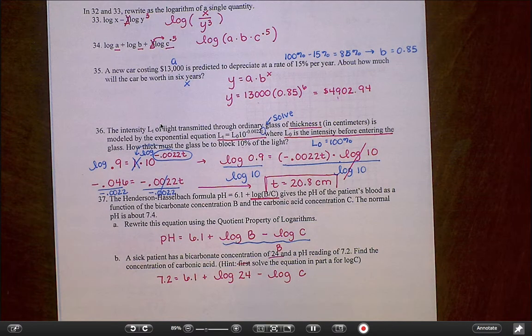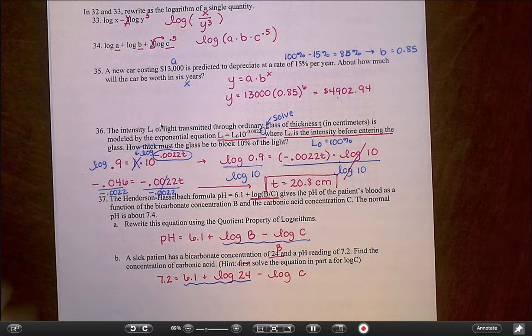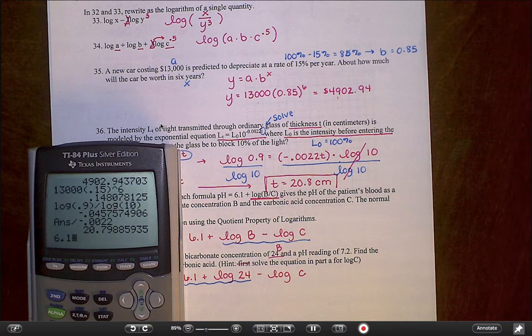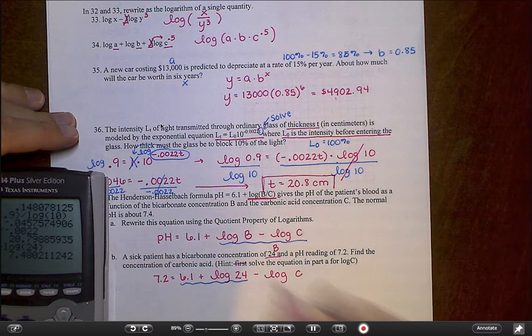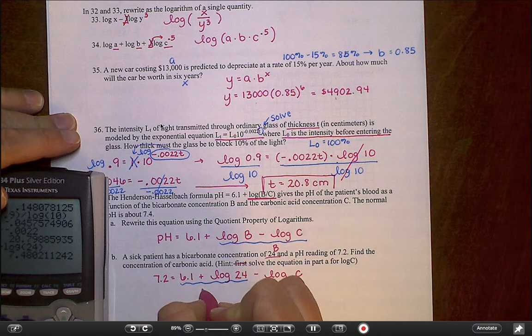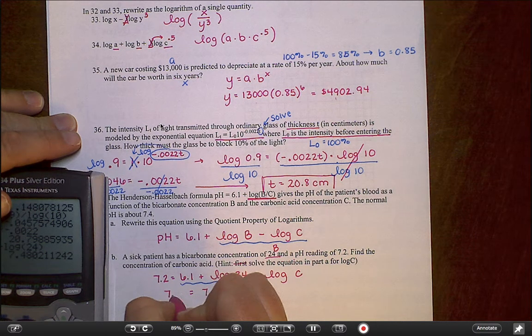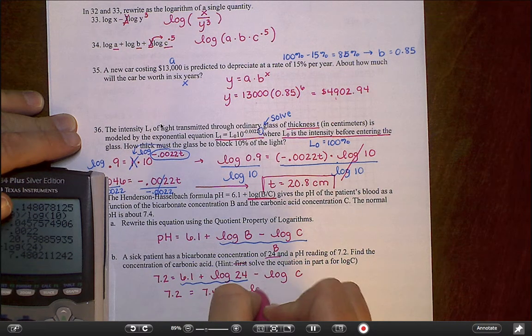What I'm saying is that I can go ahead and calculate this piece. I can do 6.1 plus log 24, and I'm going to get something crazy. So this comes out to be 7.48 equals 7.2 minus log C.